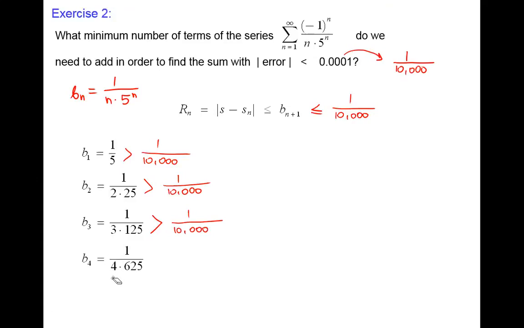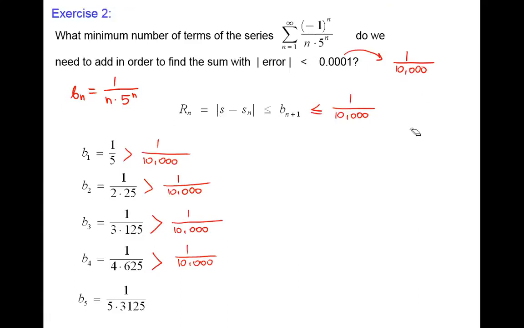B sub 4 is 4 times 5 to the power of 4, which is 25 times 25, 625, we all know that. And if I multiply 600 times 4, I'm not going to get 10,000. That means this is still bigger. And let's say this one, B sub 5 will be 5 times 5 to the power of 5; we have to take 625 and multiply again by 5.